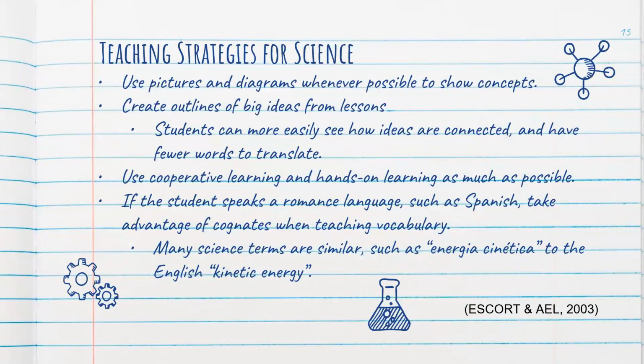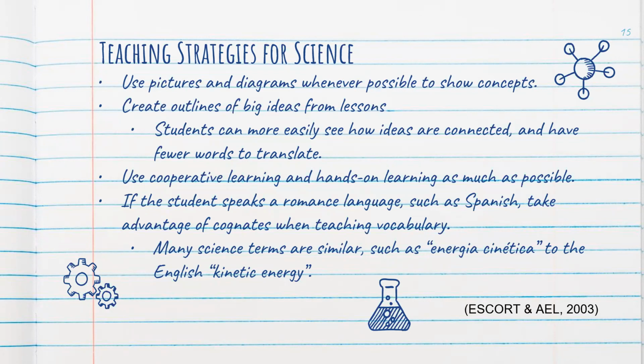For science, some strategies that you can use, firstly, is to use pictures and diagrams whenever possible to show the concepts. This is probably the number one thing, even for the native English speakers in your class that are learning these new science topics.